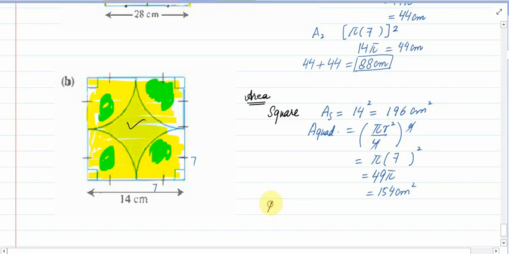So area of shaded is equal to 196 minus 154. So the answer is 42. So 42 centimeter square is the area of the shaded portion, right?